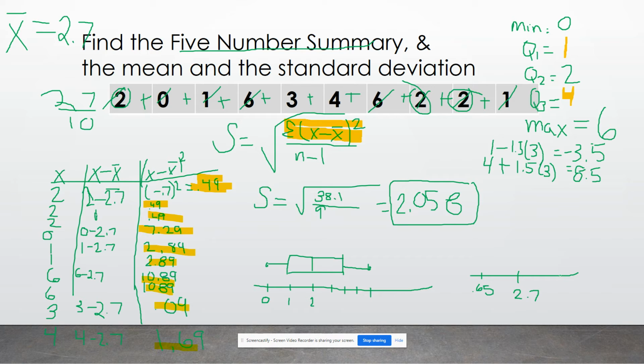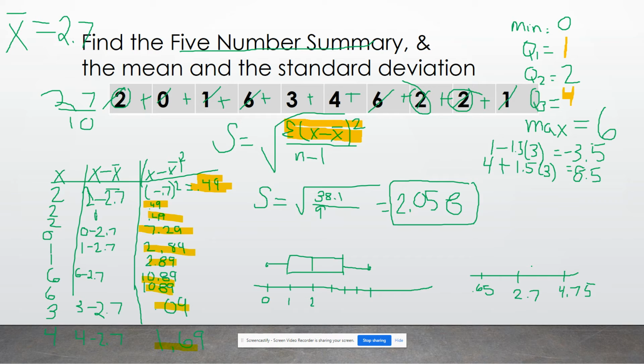And if I add 2.7 plus 2.05 is 4.75. Okay, so if I look at these data points, 0 is outside of that and 6 is outside of that, but all of the other data points are within that range. So it gives me my variation. It tells me how far away from middle my points are. So they're both telling us the same thing. It's just a different way to look at it.